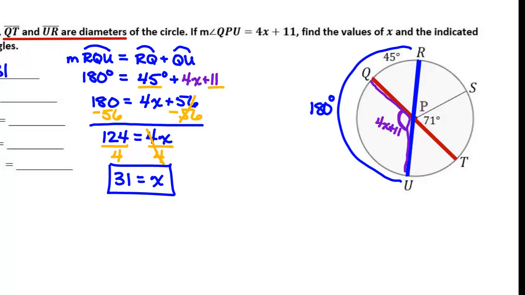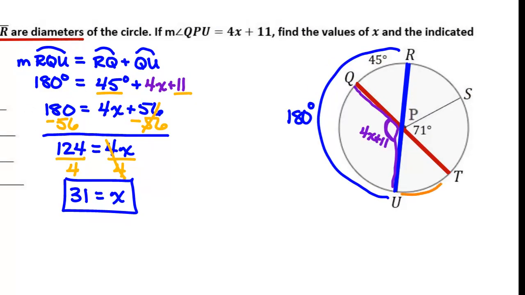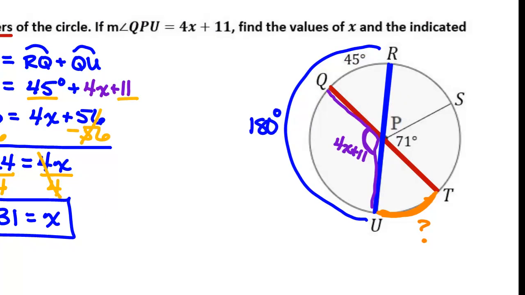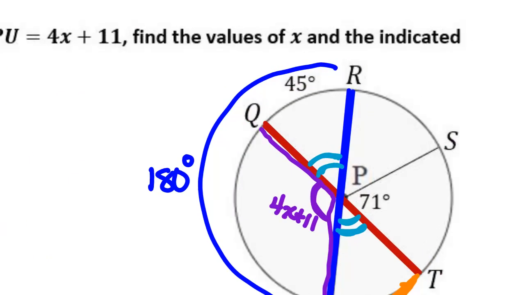They want me to find the measurement of arc UT right here. How can I find that? Yes, Maya. Yes, RPU and UPT are vertical angles. Well, how big is RPU or RPQ? 45 degrees.